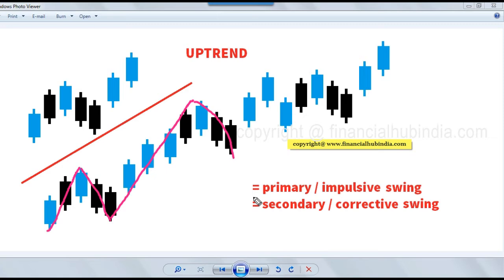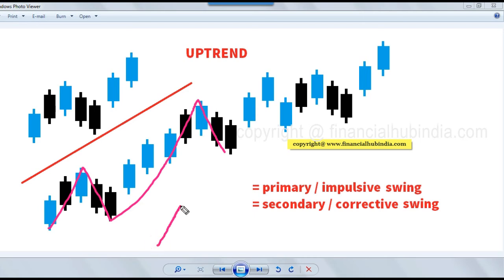It will be either an upswing or a downswing. Correct? Whenever you see a larger upswing and a smaller downswing, and again a larger upswing, then a smaller downswing, you'll have to compare two swings. When you compare two swings and you see the first swing is the larger one and the second swing is a smaller one.